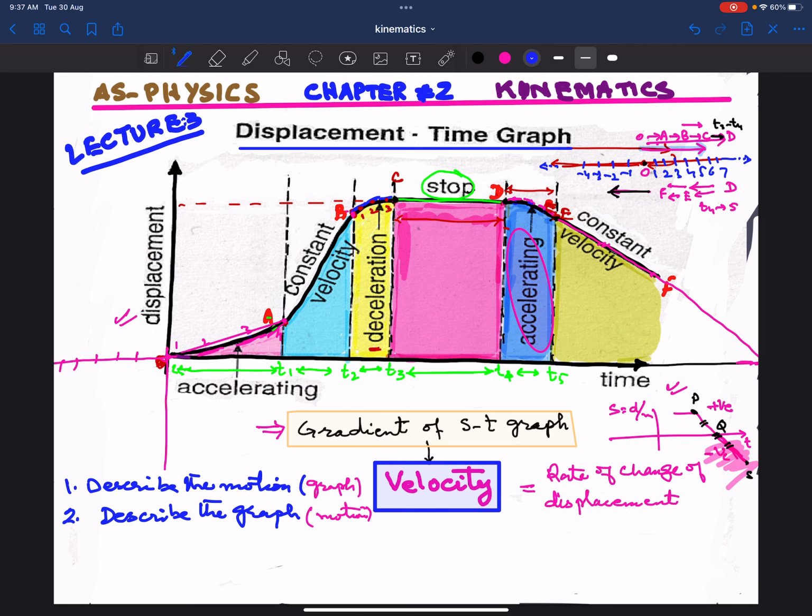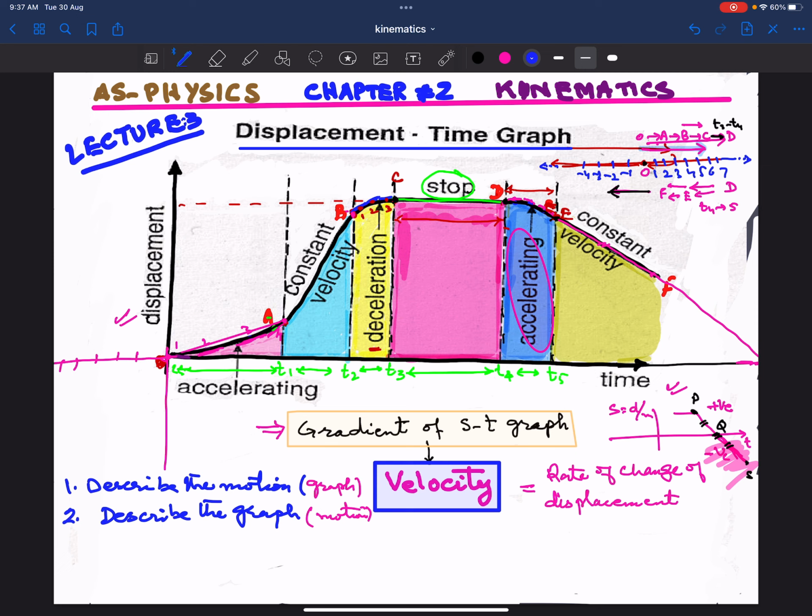But I have chosen this graph because in this graph we have different parts, and all these different parts are explaining what is happening during a particular time interval. So be careful about the concepts, and I hope you have understood this discussion. So be careful and continue with this discussion inshallah in lecture 4 and other lectures.